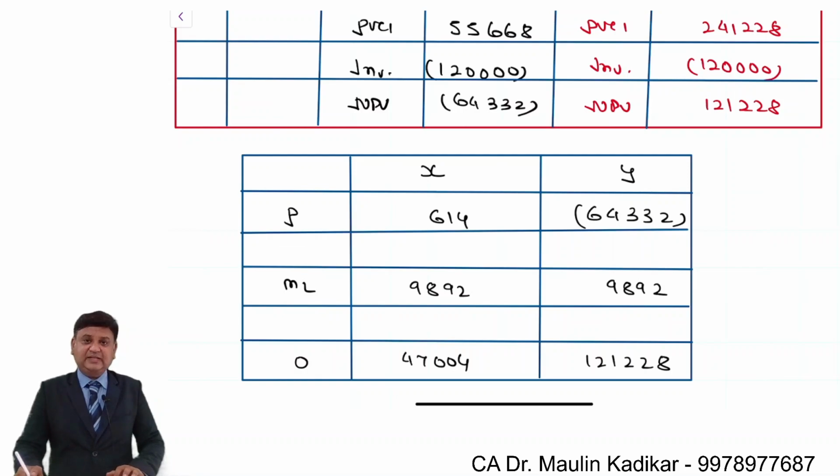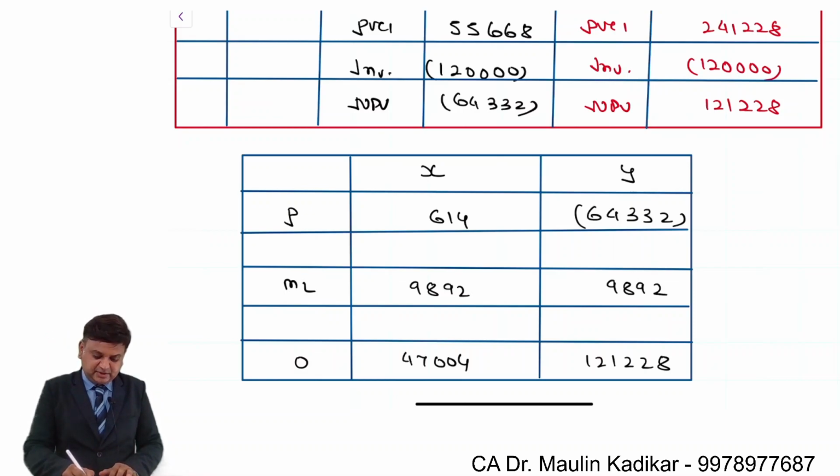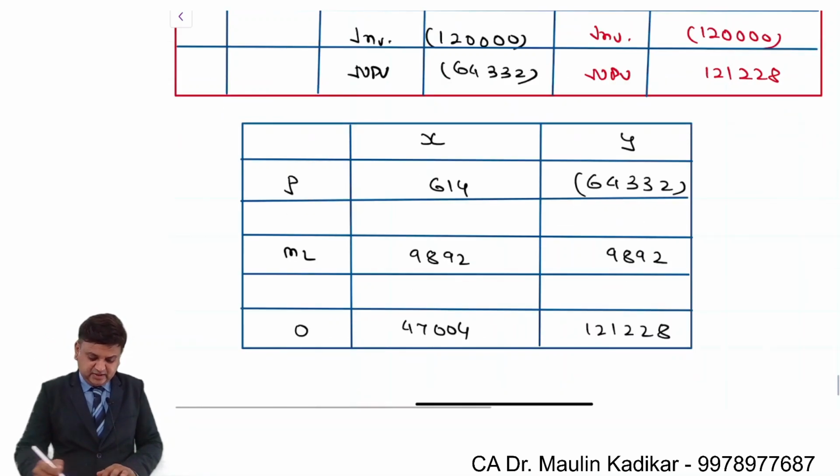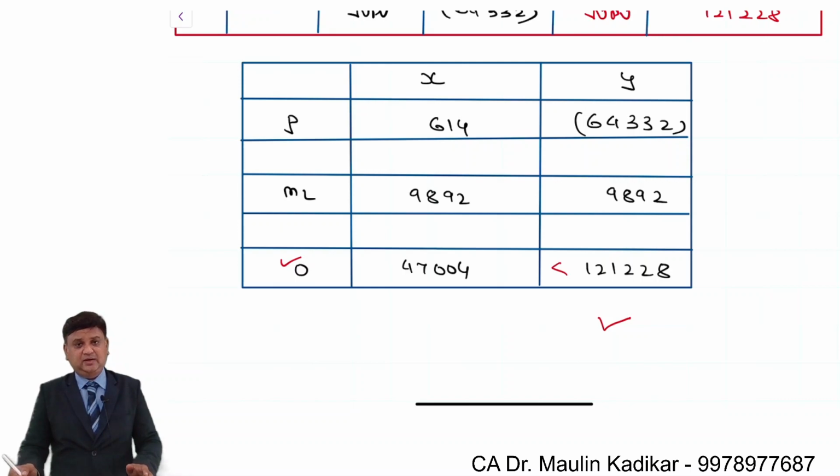So over here we can give the answer like this, that depending upon the risk bearing capacity, the company should select the project. If the company wants to take more risk, then the company should go for project Y. The reason is that if things are optimistic, it will be able to generate higher positive NPV.